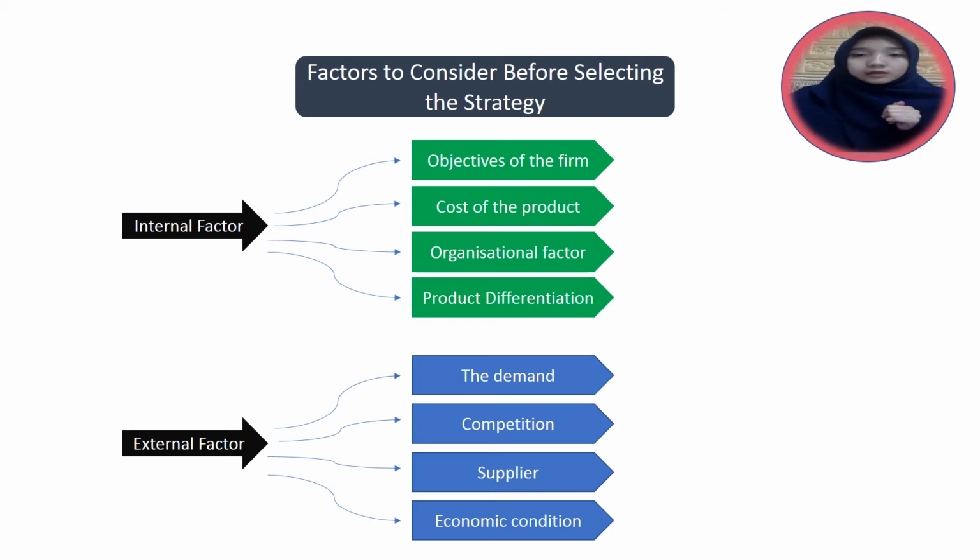So the third one is supplier. Supply of raw materials and other goods can have a significant effect on the price of a product. For example, if the price of cotton is increased, therefore the selling price that you are going to charge your customer will also be increased.